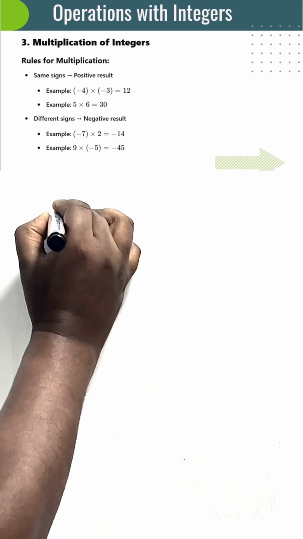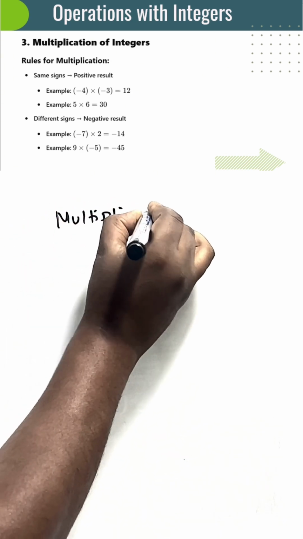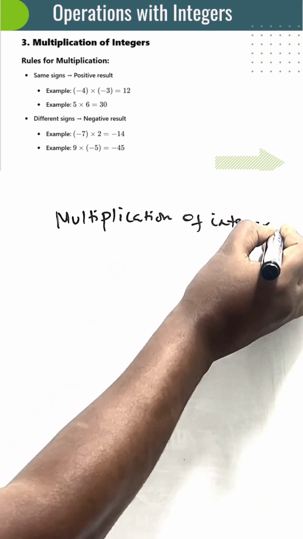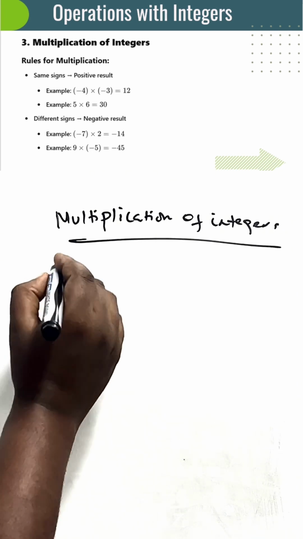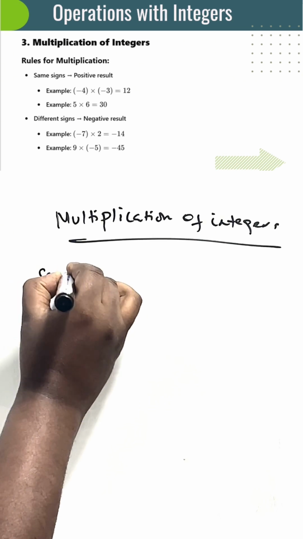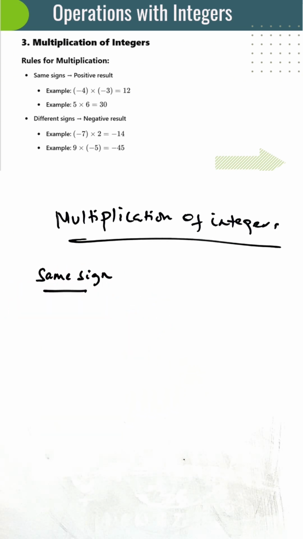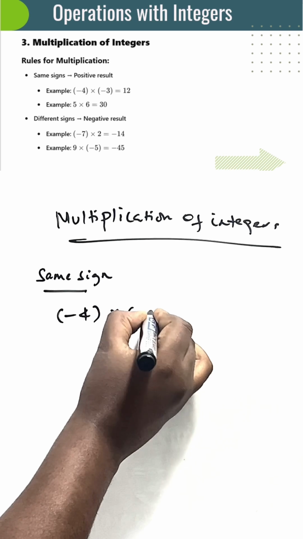Multiplication of integers. When you do multiplication of integers with the same sign, for example, let's say we have minus 4 multiplied by minus 3.